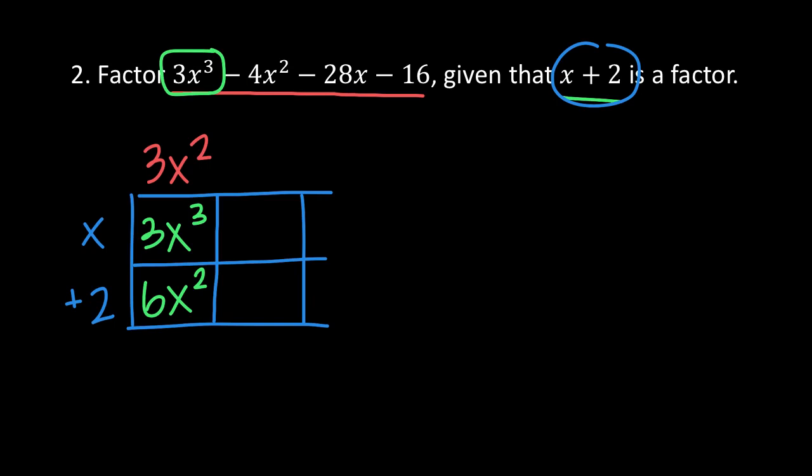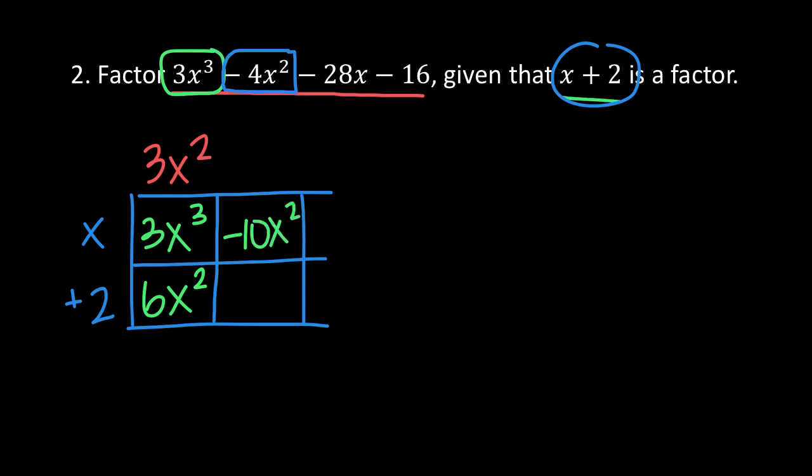In the polynomial, I need a negative 4x squared. So far, I have 6x squared. I need to think of what goes here, that's diagonal to it, that will add to 6x squared. So these two boxes combined will equal negative 4x squared. So I'm going to put negative 10x squared.